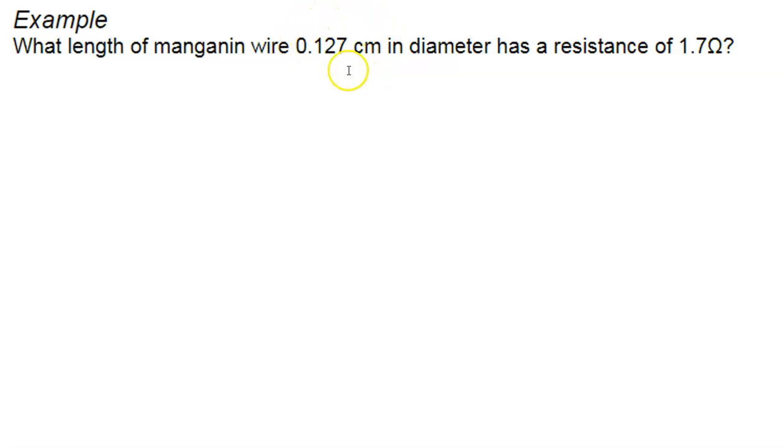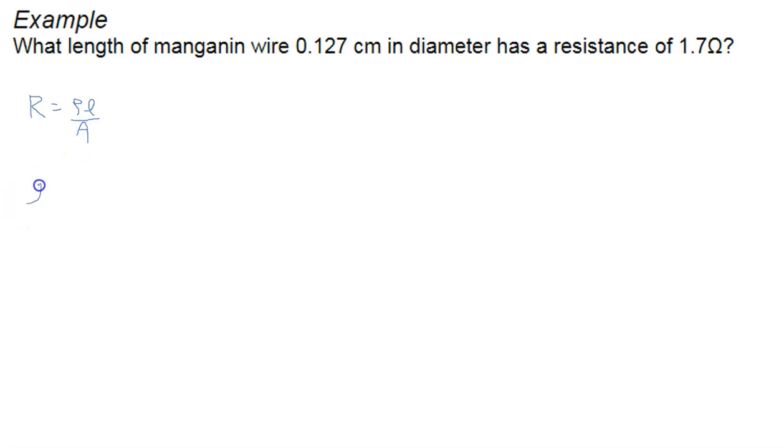And so let's think about that. Now we're asked for the length, and so I'm going to start off by saying that resistance is equal to rho times length divided by cross-sectional area.